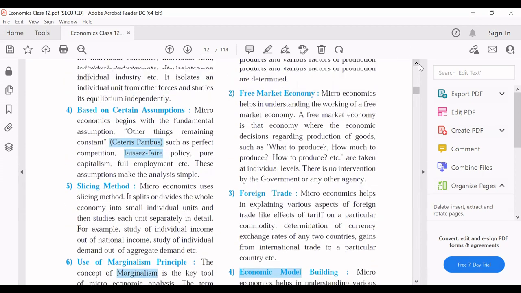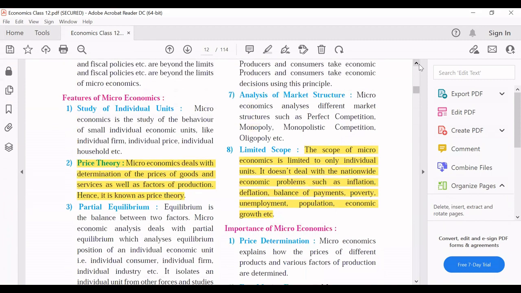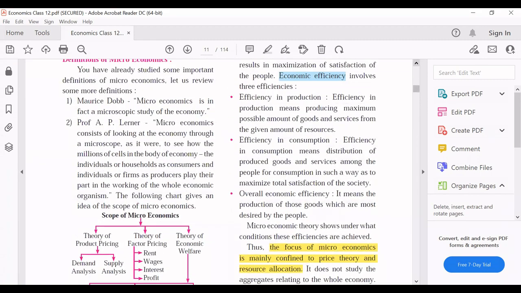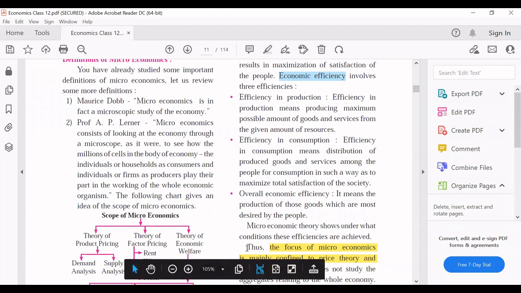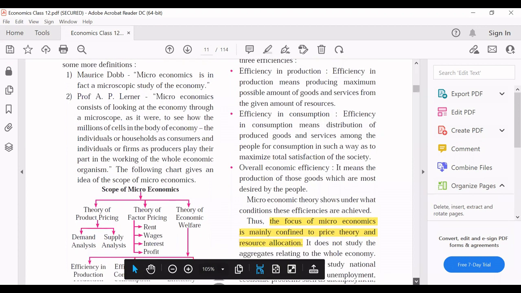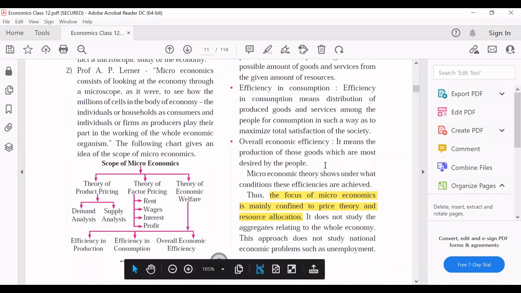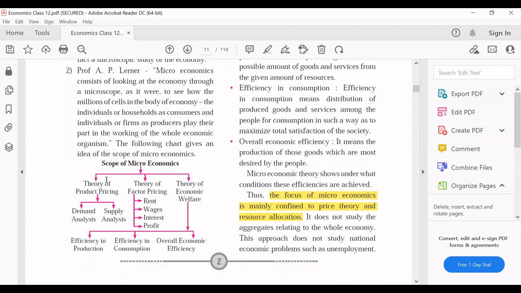Moving forward, we can also understand the scope of microeconomics. What is the scope, or the extent to which microeconomics can work? It can be divided into pricing theory, product theory, and also economic welfare.